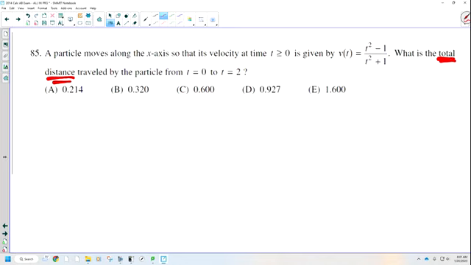There's one thing you need to understand. I need to integrate velocity to get distance, okay? But there are two forms of distance. Let me explain this quickly before we do the problem. There is displacement, and there is total distance.